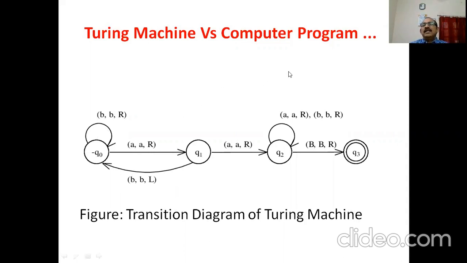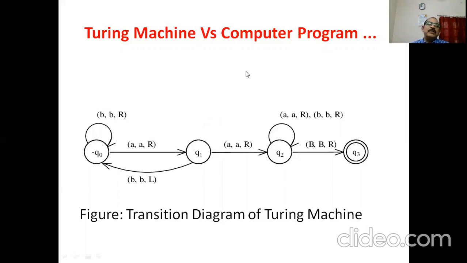Now, let us take another word. It is a very interesting Turing machine. Let us take another word, not another machine. The word is AB, consisting of only two symbols: the first symbol is A and the next symbol is B. Is it clear?